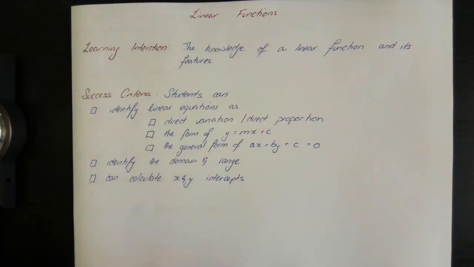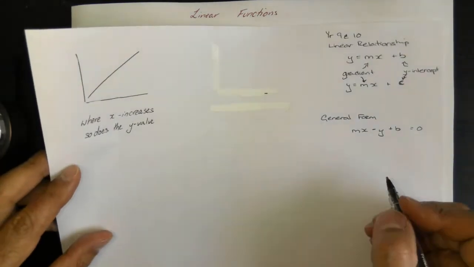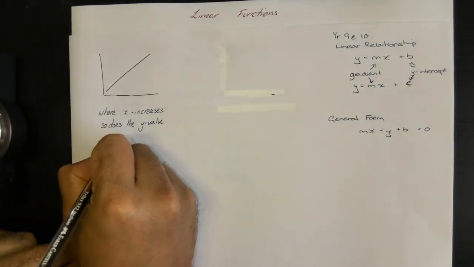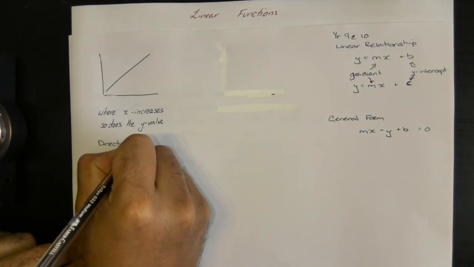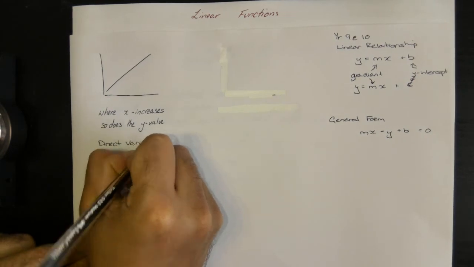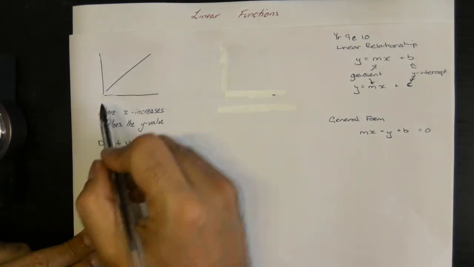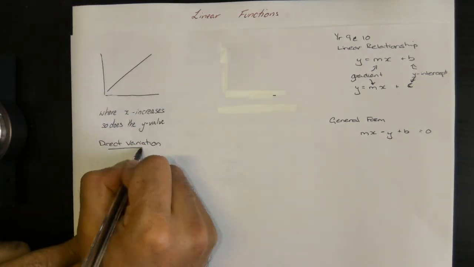Okay. Direct variation. Well, these linear functions can obviously be drawn as lines. What we call a direct variation is where the variable x increases, so does the y. Yeah, so that's a direct variation.